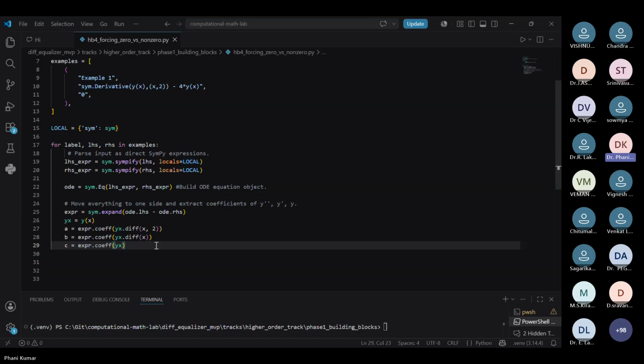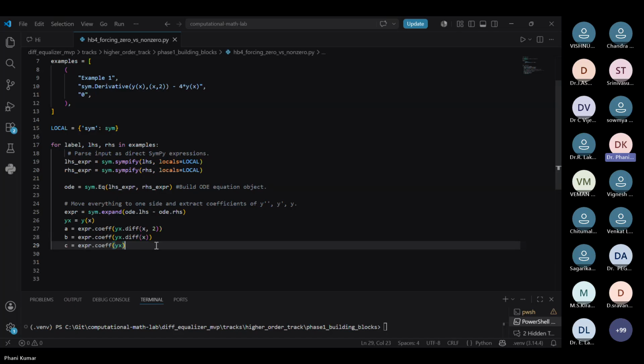Now come to the picture. Now in our hand, we have the differential equation. First, this sim dot expand: that ODE I am taking, that differential equation LHS minus that differential equation RHS, right?